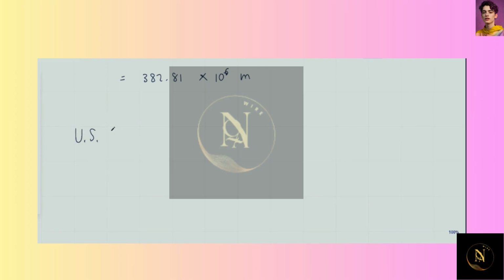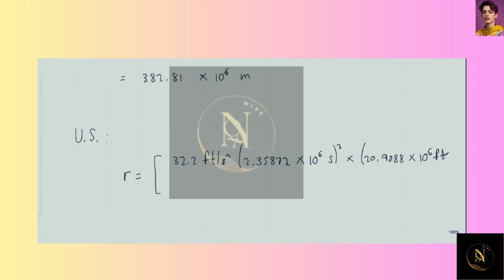In US customary units, we'll perform this calculation again, and we get that r is equal to, g in this case is 32.2 feet per square second. That's the acceleration due to gravity on the Earth. And that's multiplied by tau, which again in seconds is 2.35872 times 10 to the 6 seconds squared, multiplied by the radius of the Earth in feet, which is 20.9088 times 10 to the 6 feet squared.